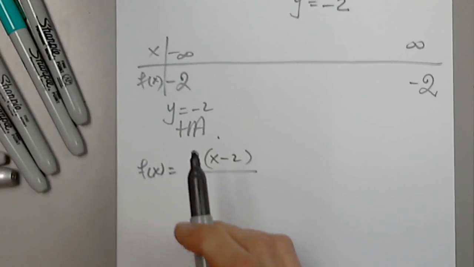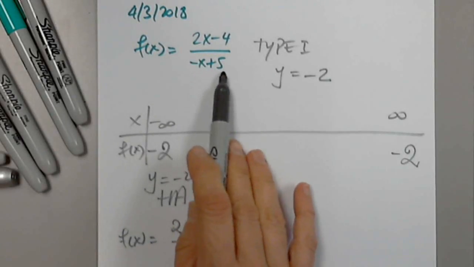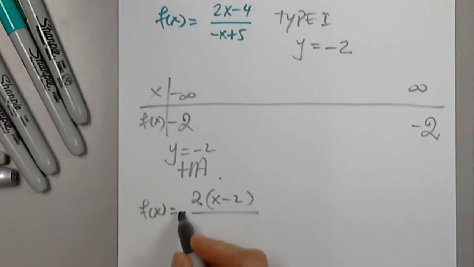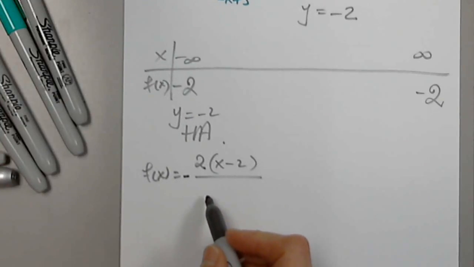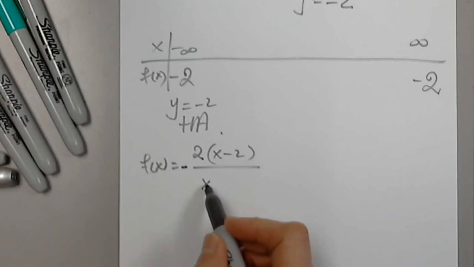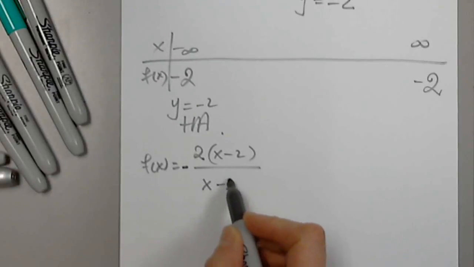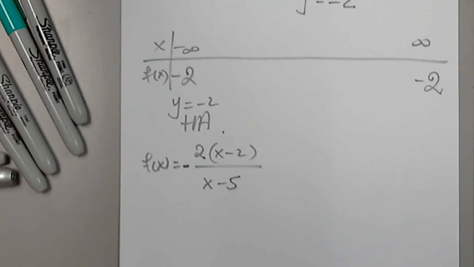Very good. And since I can factor out negative 1, and I'll put the negative 1 in front, what is left in the denominator? Very good. This will help a lot, because by simply looking at this simplified form, I know when it's undefined, and I know when it's 0 right away.